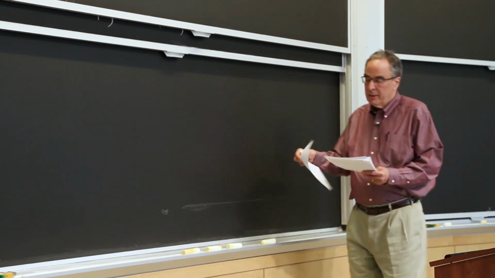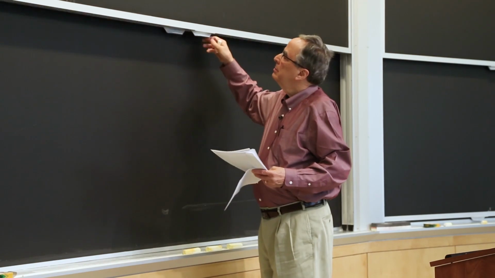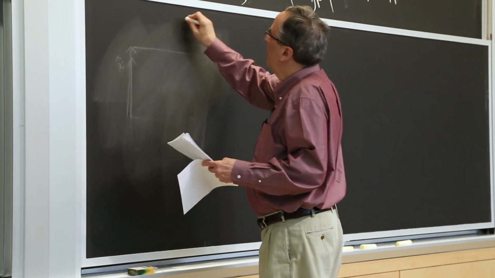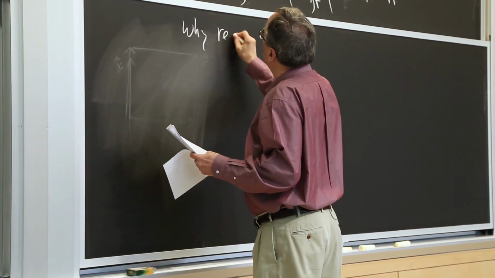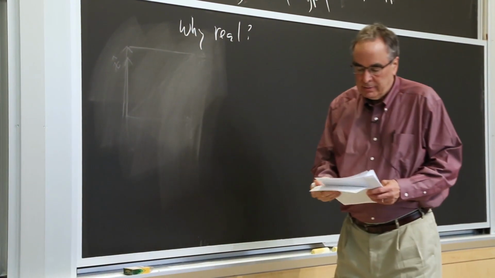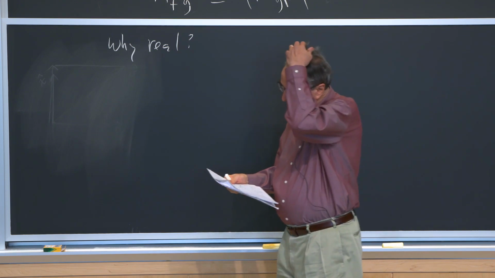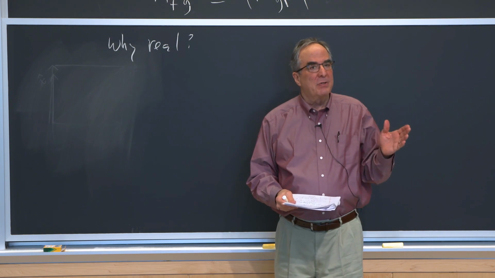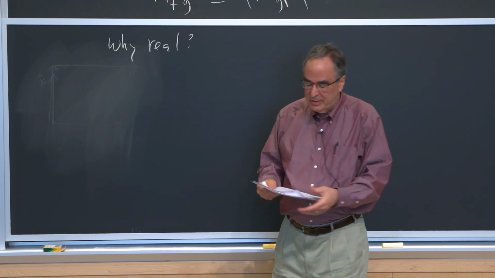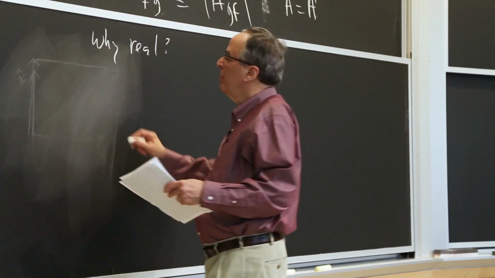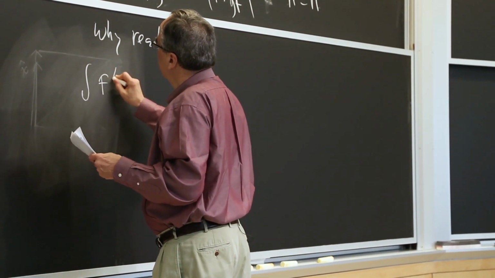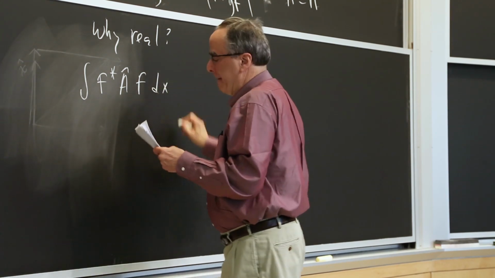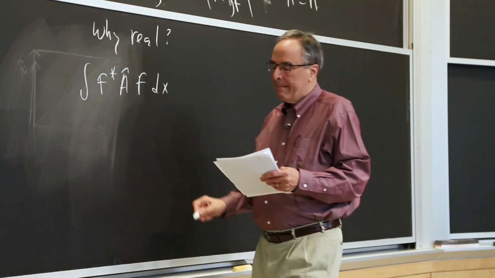Okay. So why real? Let's look at a specific example where instead of having two different functions, let's just look at one. So we have this integral f star A f dx.